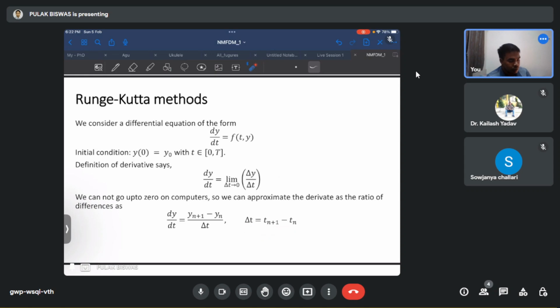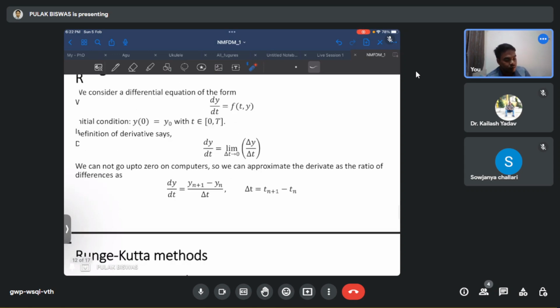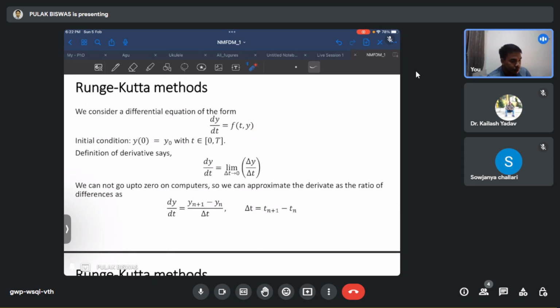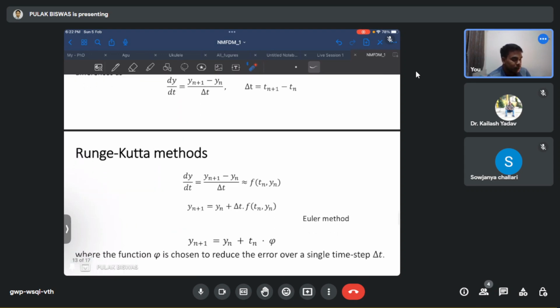If this delta t is very small, we can approximately represent this definition in terms of the ratios of differences. So now in this equation we have represented dy/dt through this, so this may be approximately equal to this one, like this.